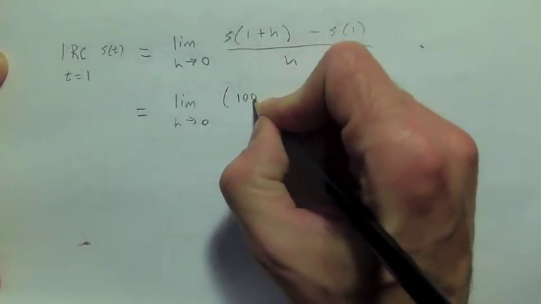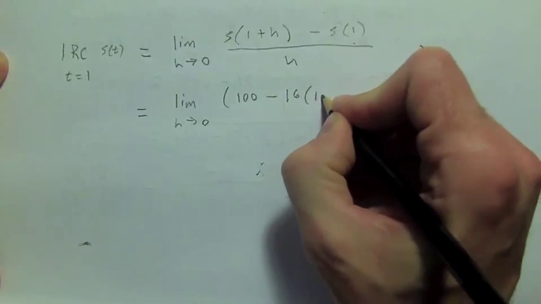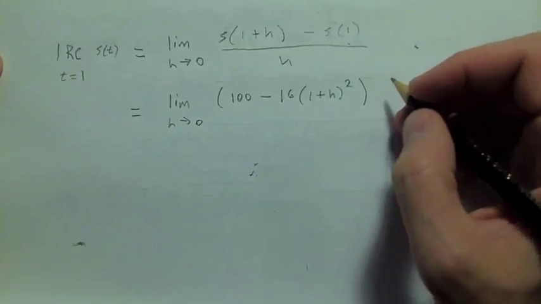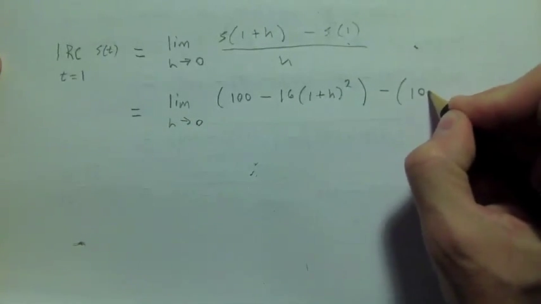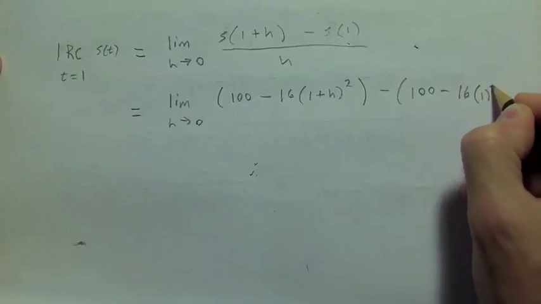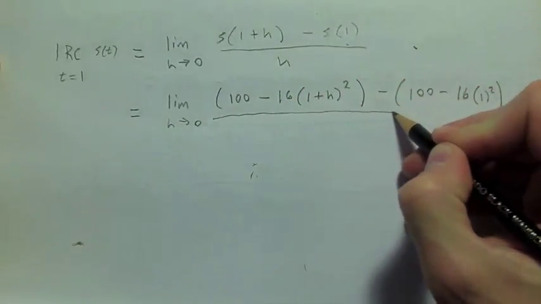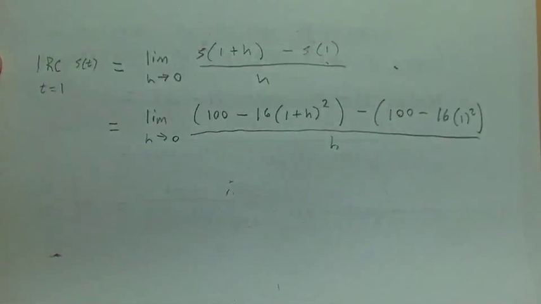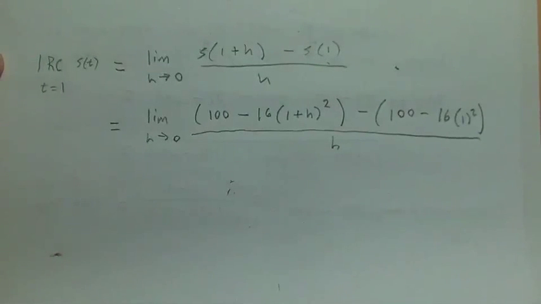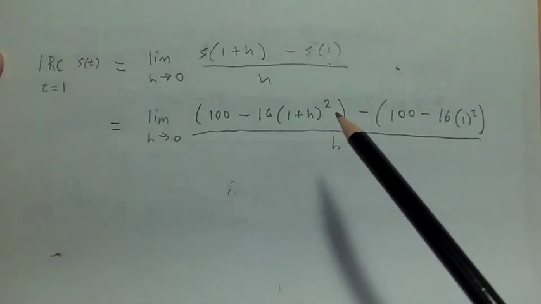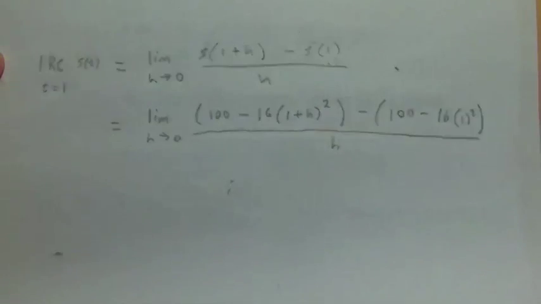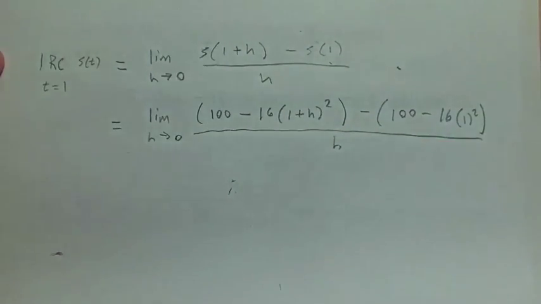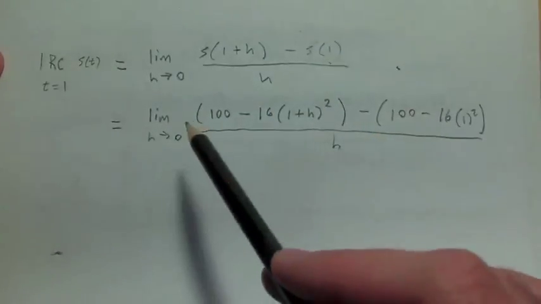So this will be 100 minus 16 times (1 plus h) squared, then minus (100 minus 16 times 1 squared), all over h. Okay, you probably remember this from that review problem set I gave you guys. And then we're just going to expand all this out.